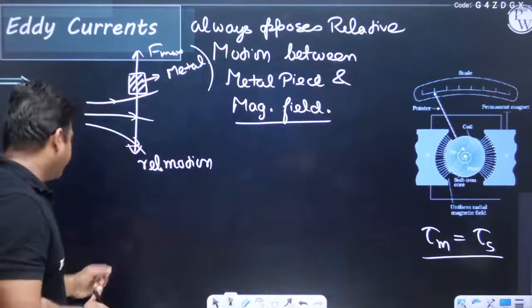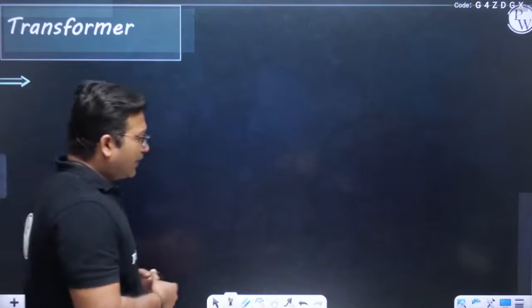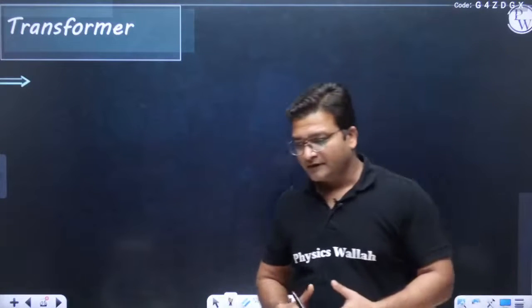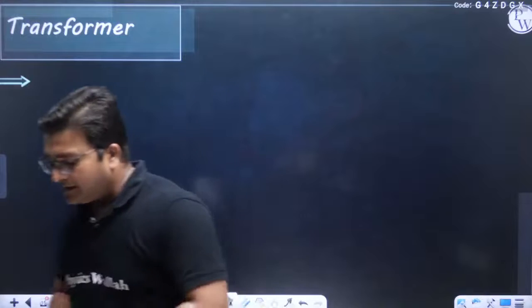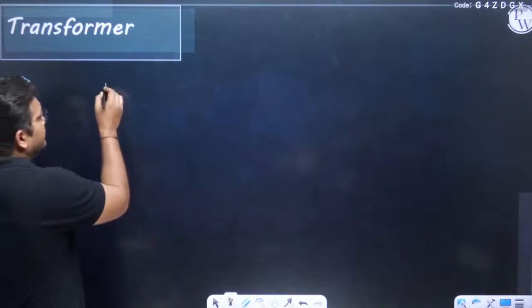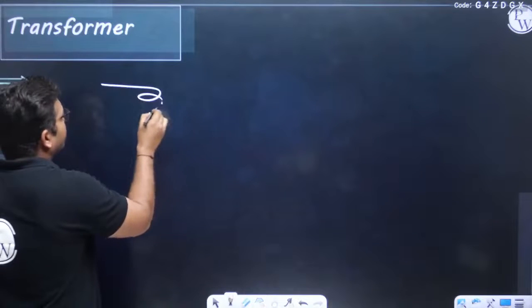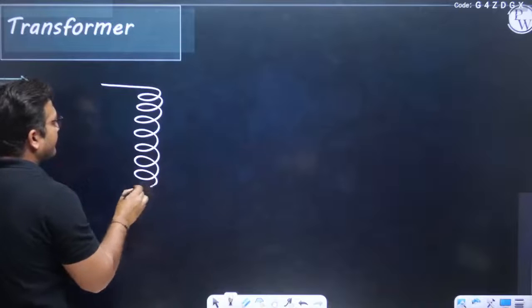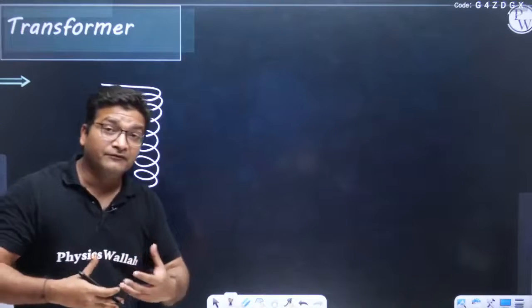Now let us understand the last topic of this chapter, which is the transformer. Let us understand what transformers are. In transformers, we have two coils which are magnetically coupled with each other.